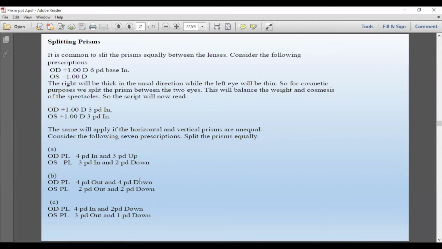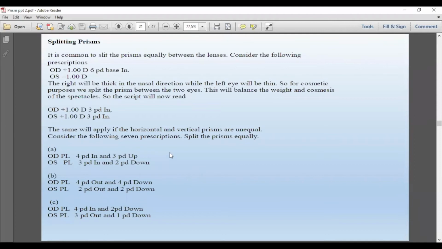Number 2, 4 out, 4 down, 2 out, 2 down. And I've got quite a few over here. When we split them, you might have a bit of homework to do. So work this out. I do have answers here that I'm going to show you. Just work them out and see if you're going to get the same answers I do.